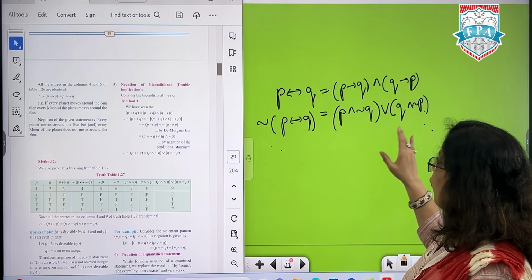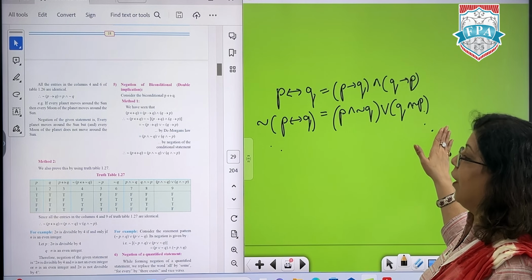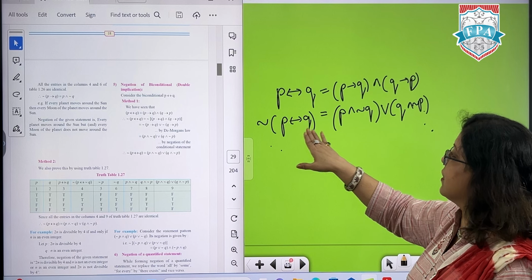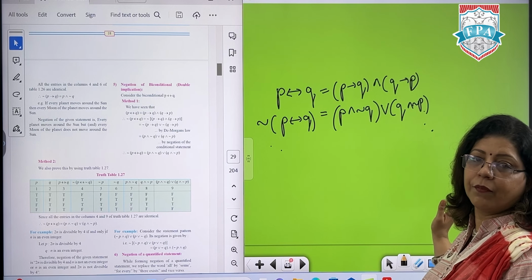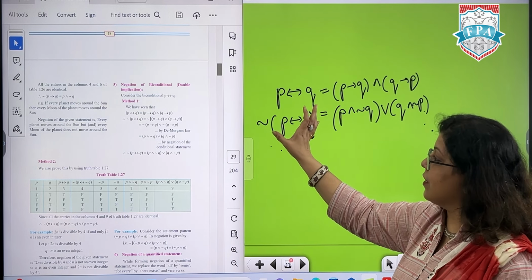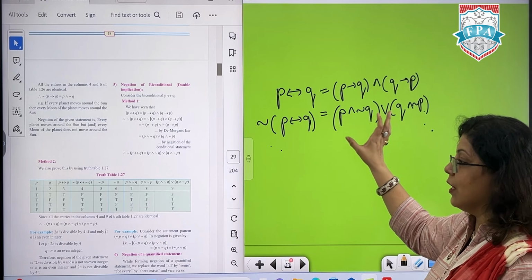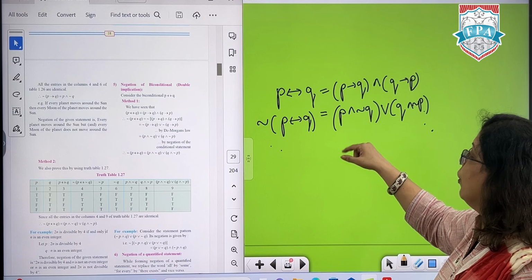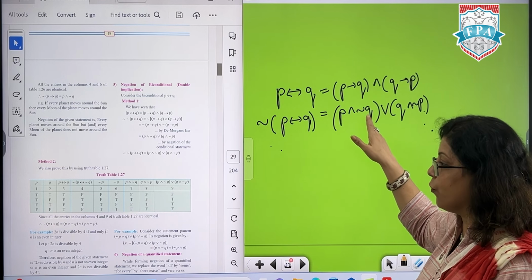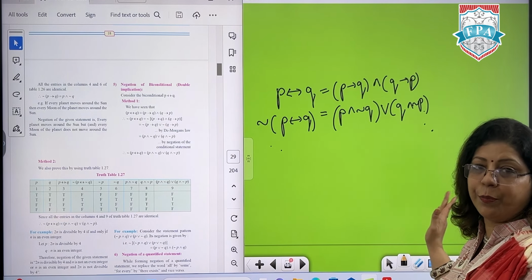So I will start showing you how we can say that this is equal to this thing. The left hand side is negation of biconditional, and we are going to show that this value is actually equal to P and negation of Q, or Q and negation of P.